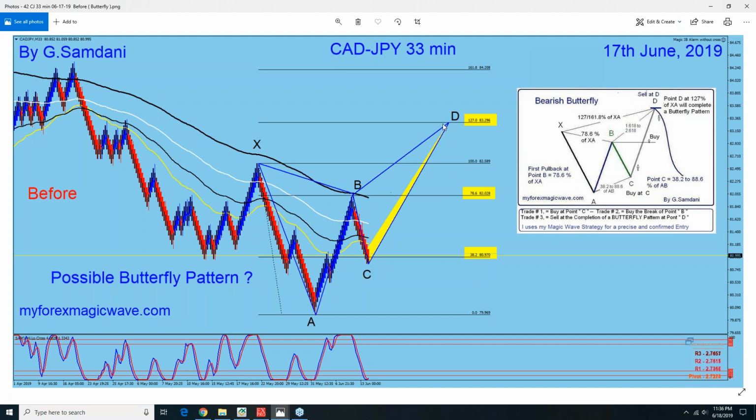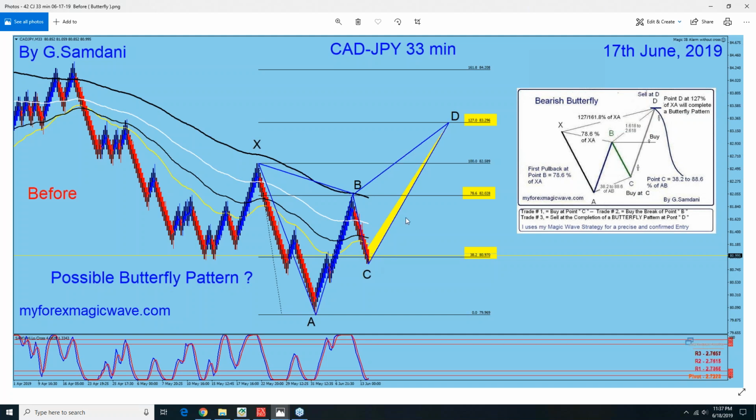But more and more I see that if the B point is at 78%, then usually it bounces, and oftentimes it bounces from 38%. So I said, okay, maybe this is a possible turn, and that's why I said possible, with the question mark. Maybe we're going to bounce from here.